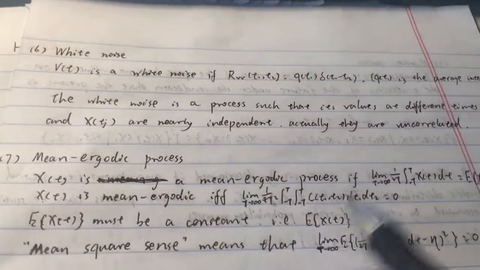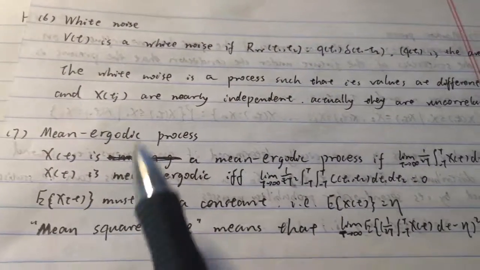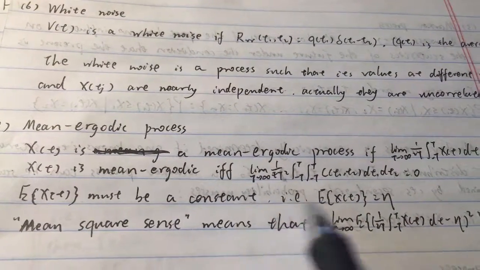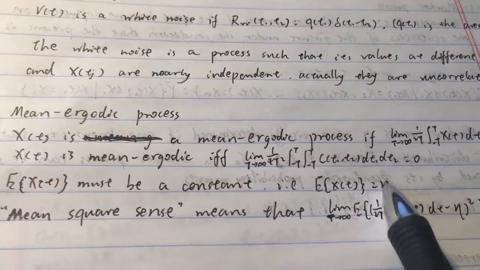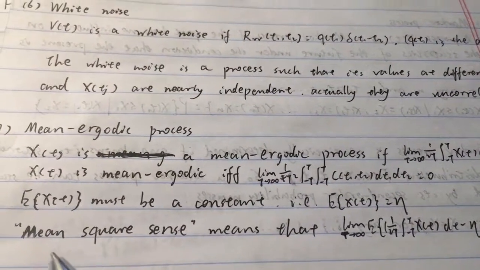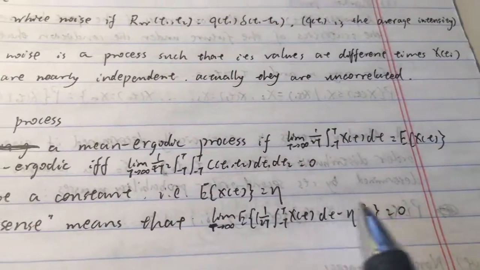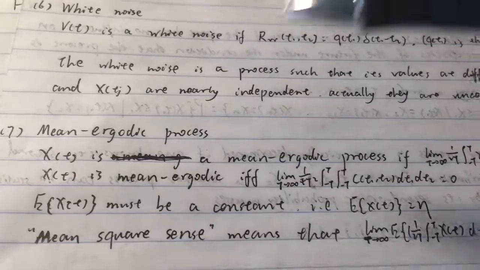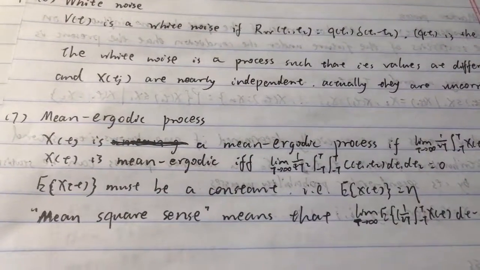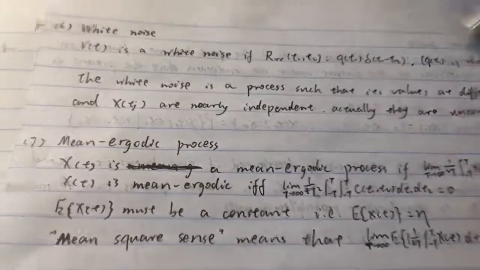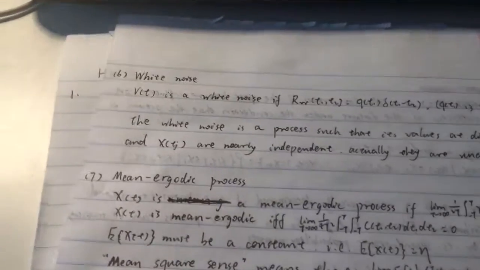The expected value of this process must be a constant. Also, mean square sense means that the limit of this guy equals 0. So that's the definition, properties and understanding of the mean ergodic process. That's the whole of problem 2.